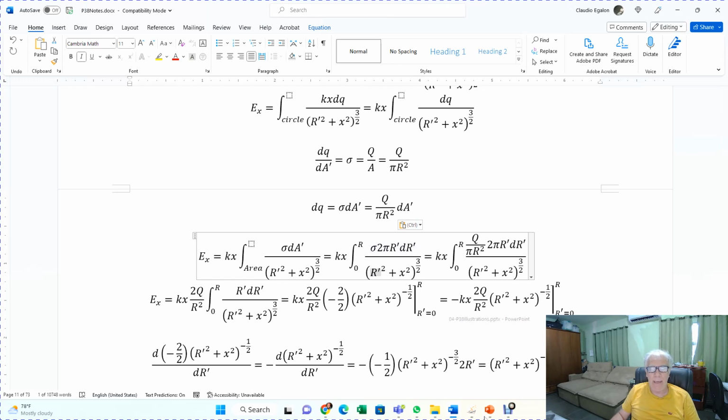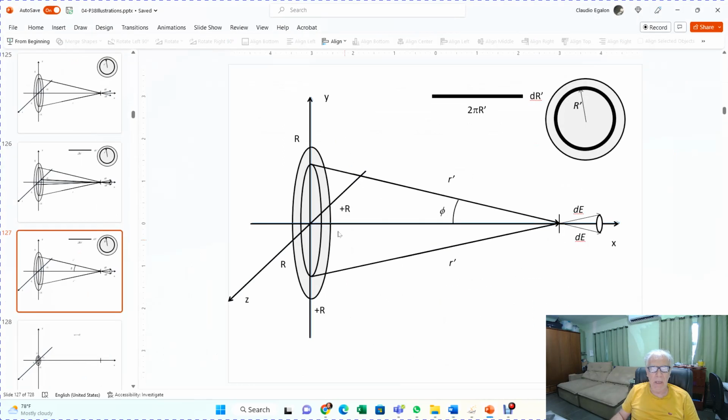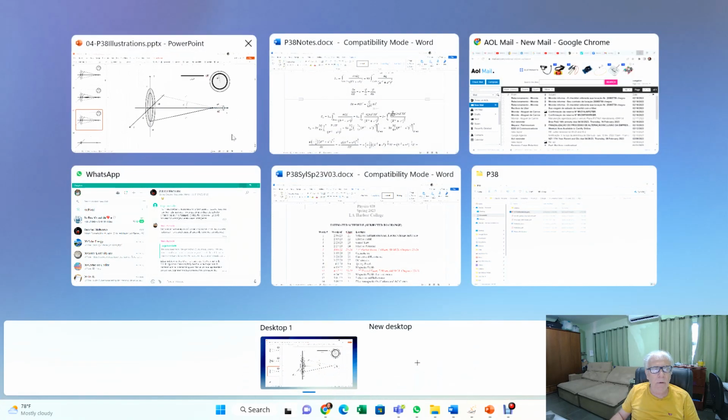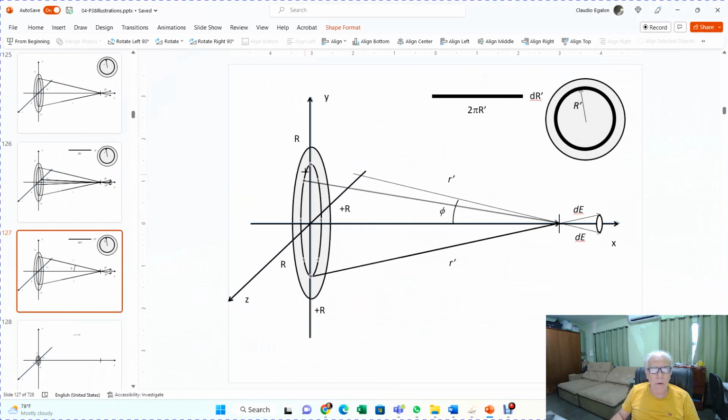Now, each infinitesimal charge distribution changes as I integrate over this surface, right? So here you go. My lowercase r prime is changing as I integrate over this whole surface, this distance r prime.